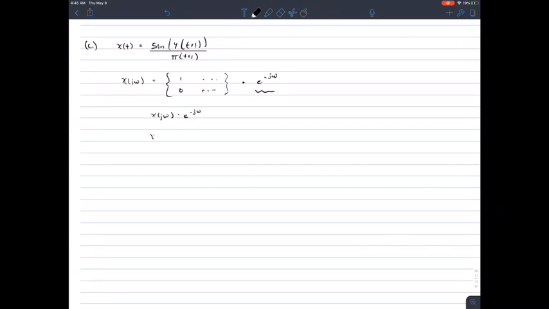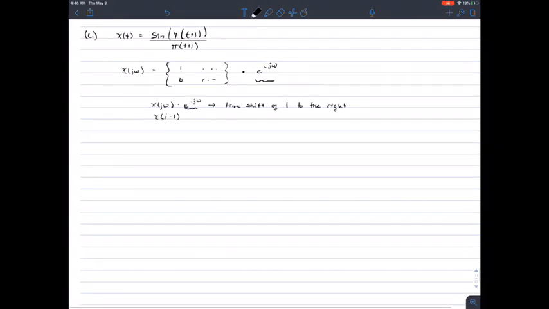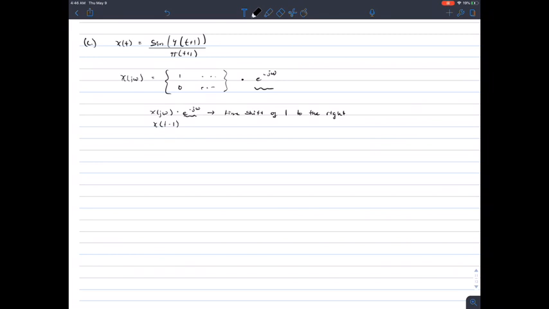So when you go to switch it back, it's going to be x of t minus 1, because that's a time shift of 1 to the right. Okay? You need to be able to see this pretty quickly. So then you can just plug in t minus 1 back into the original x of t, and you will have your impulse response answer.